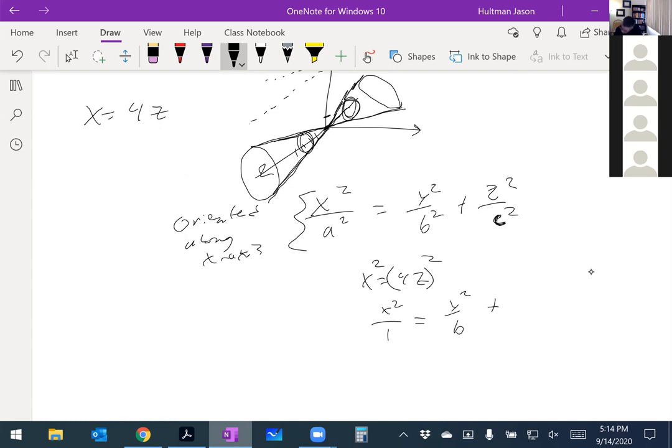So x squared plus y squared, z squared. So this is x squared equals 16z squared, right? X squared equals 16z squared. So this would be x squared over 16 is equal to z squared.